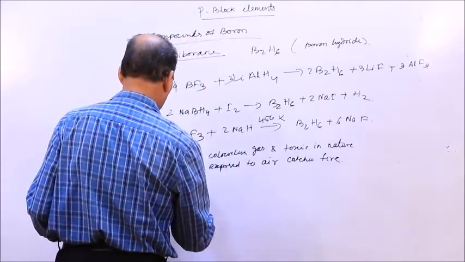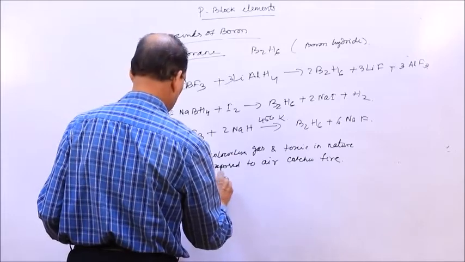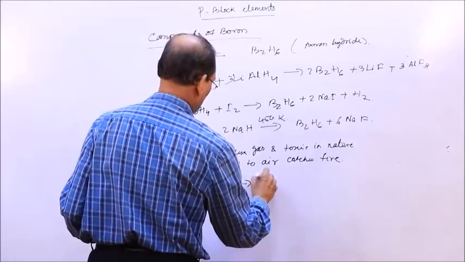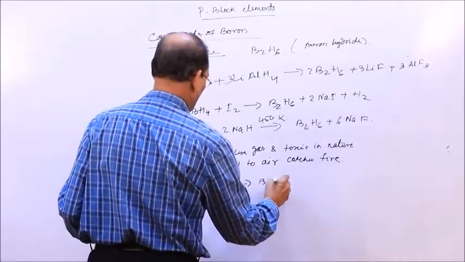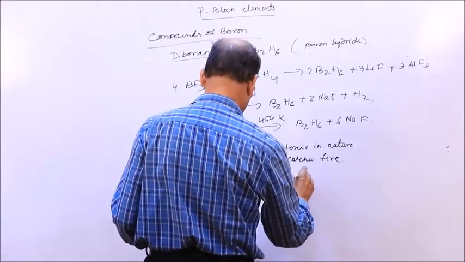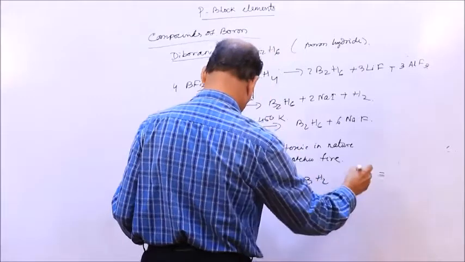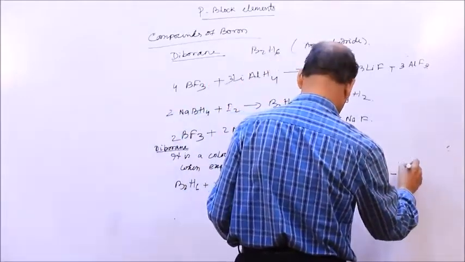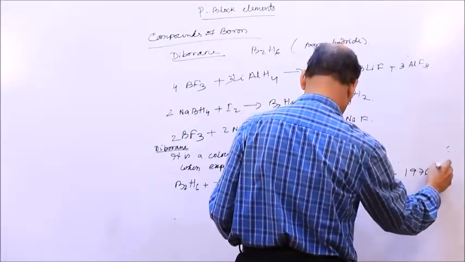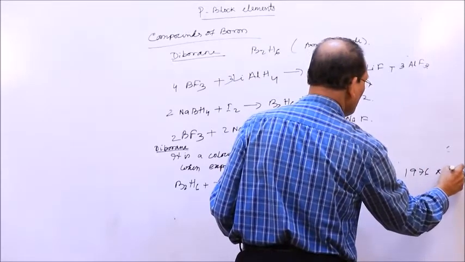So B2H6 reacts with oxygen to give boric oxide, with delta H equal to minus 1976 kilojoules per mole.